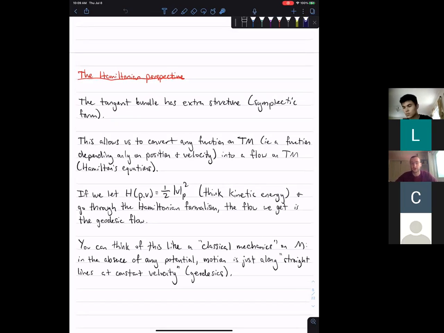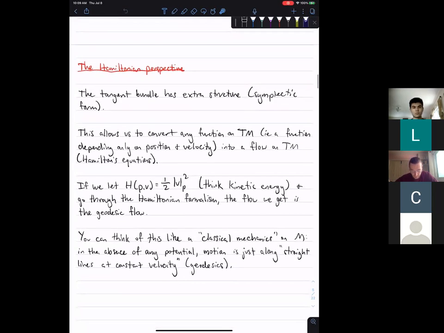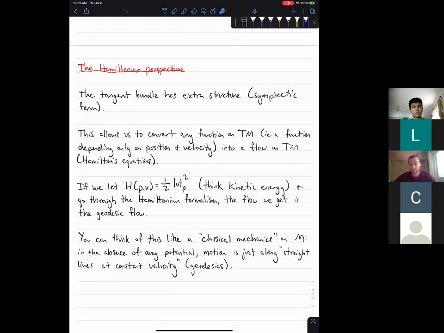What the symplectic form does for you is it gives you a way of converting functions on the tangent bundle, so a function that depends only on your position and velocity, into a flow on the tangent bundle. And I think in physics, they would call these Hamilton's equations, but there's this whole symplectic formalism that works in a lot of generality. And often we call these functions Hamiltonian functions.